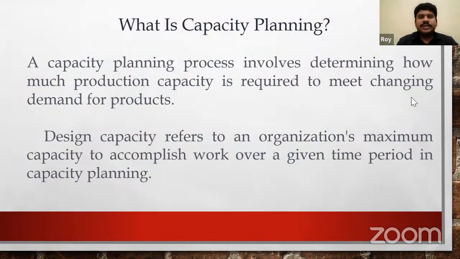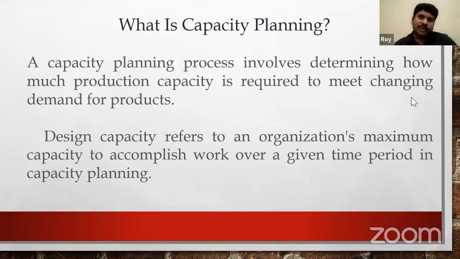Okay, let's go into that. What is capacity planning here? It is a process involving determining how much production capacity is required to meet the changing demand for products. So let us say my product has full demand in the market. When I think about that, I need to think about what my demand is in the market.